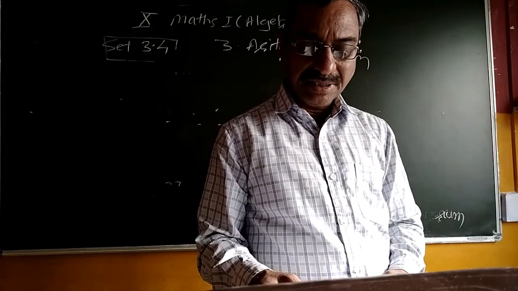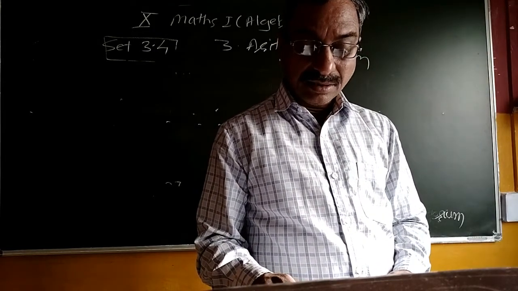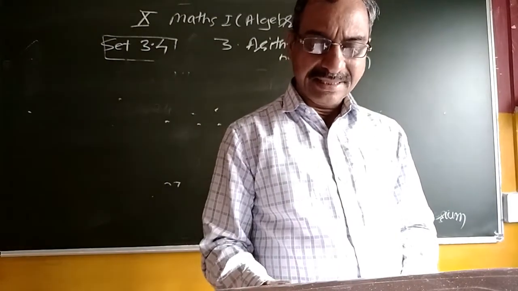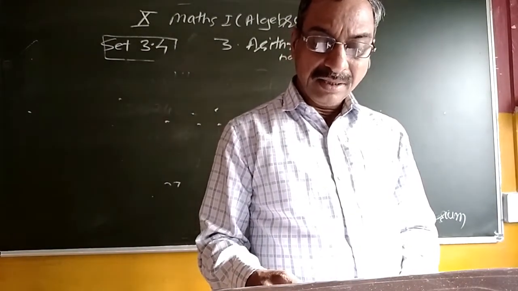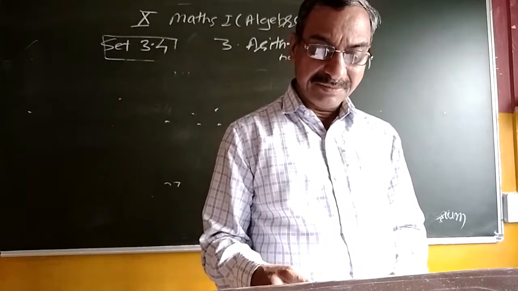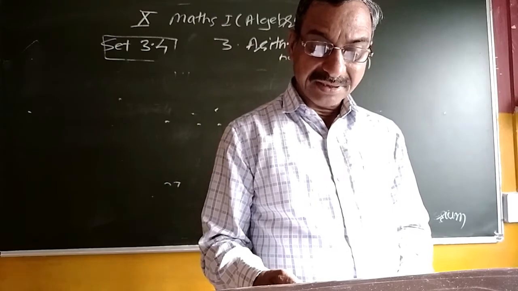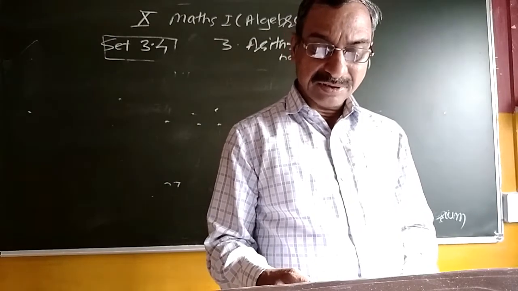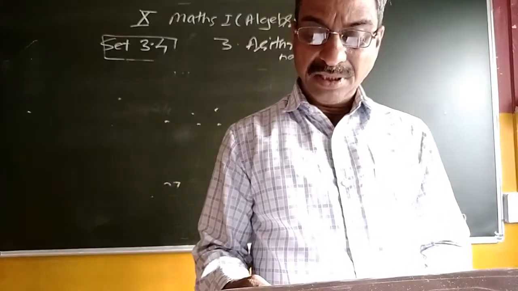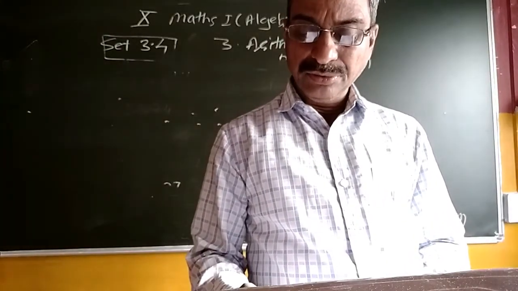Means temperature is increasing. All readings were in an AP, that is arithmetic progression, means there will be a fixed difference between them. The sum of temperatures of Monday and Saturday was 5 degrees Celsius more than the sum of temperatures of Tuesday to Saturday.